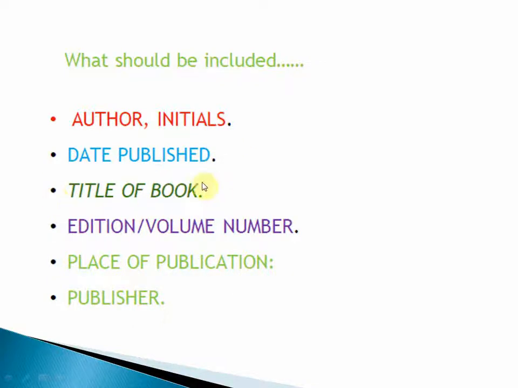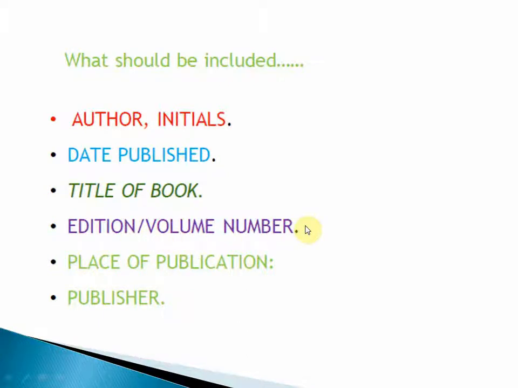Then the title of the book must be in italics. This is crucial. As soon as we see anything in italics, we presume it is the title of the source that we are looking at. Then we include the edition or the volume number.